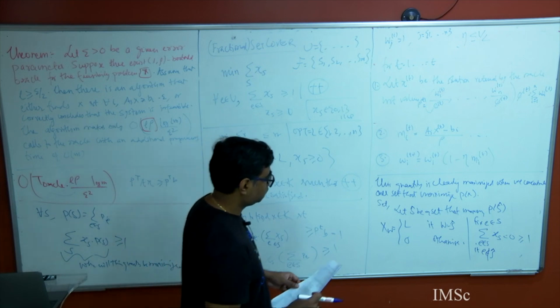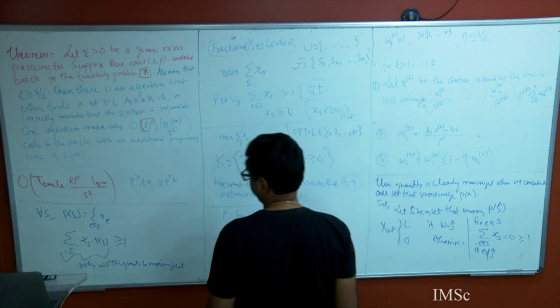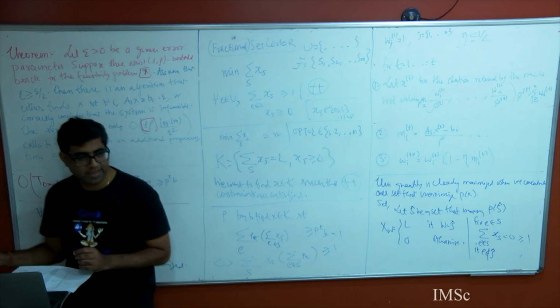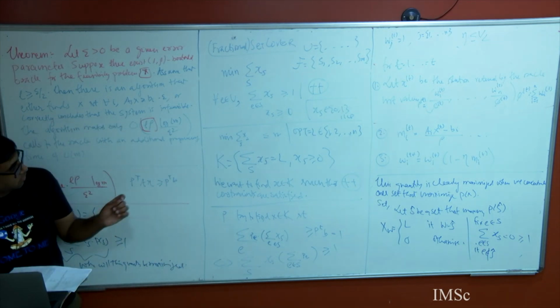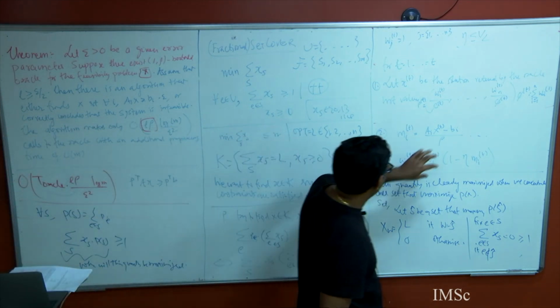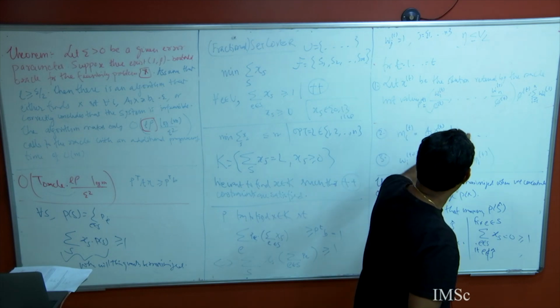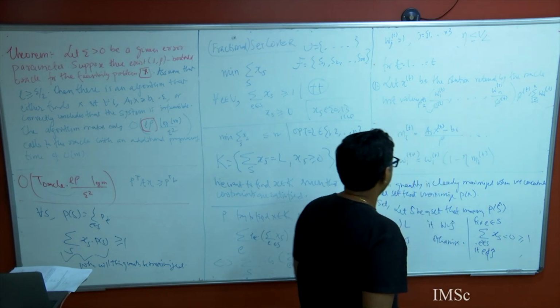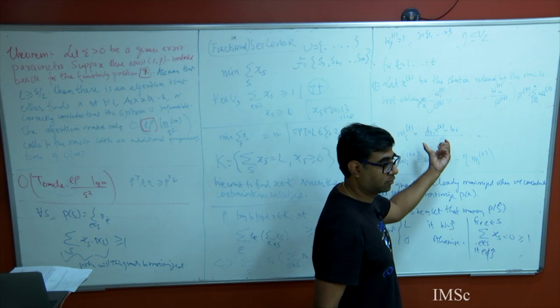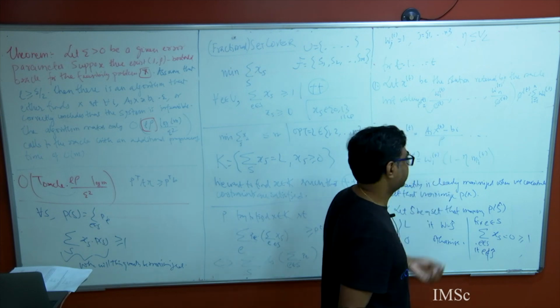So what is this? What is A_i x minus b_i? This is what we were dividing by rho to get the cost, right? How well you are satisfied.